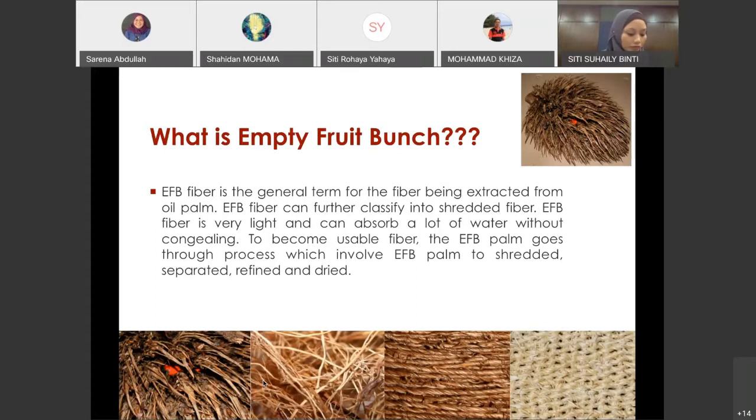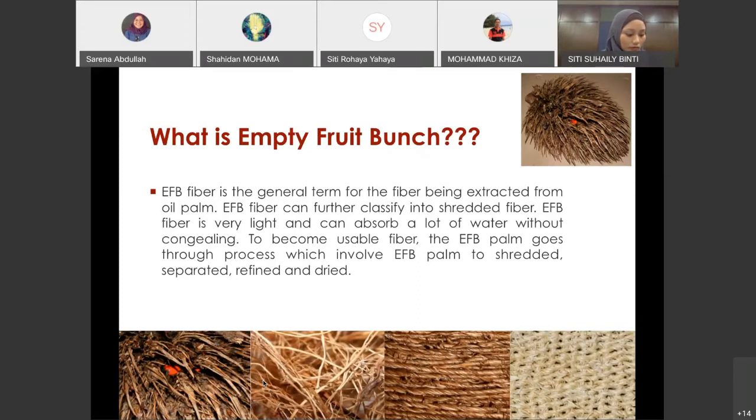EFB fiber can be further classified into shredded fiber. The fiber is very light and can absorb a lot of water without congealing. To become usable fiber, the EFB palm goes through a process which involves the EFB palm being shredded, separated, refined, and dried.